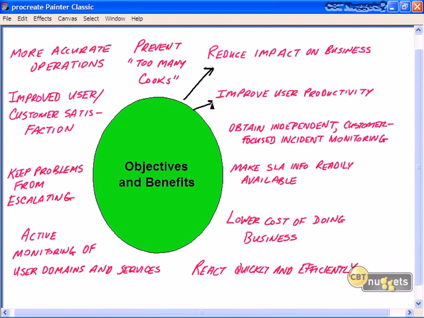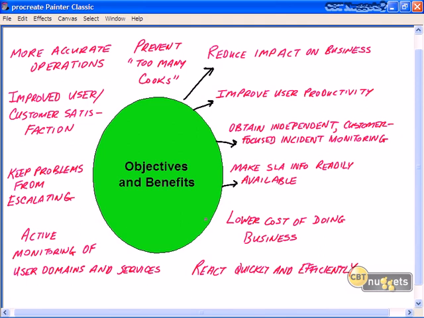We're going to improve user productivity by getting that user back to work quickly by following through on the incident. We also want to have an objective of obtaining independent, customer-focused incident monitoring. It'll also make our service level agreement information more readily available. Again, remember, a service request from a vendor or a customer about an SLA is an incident itself.